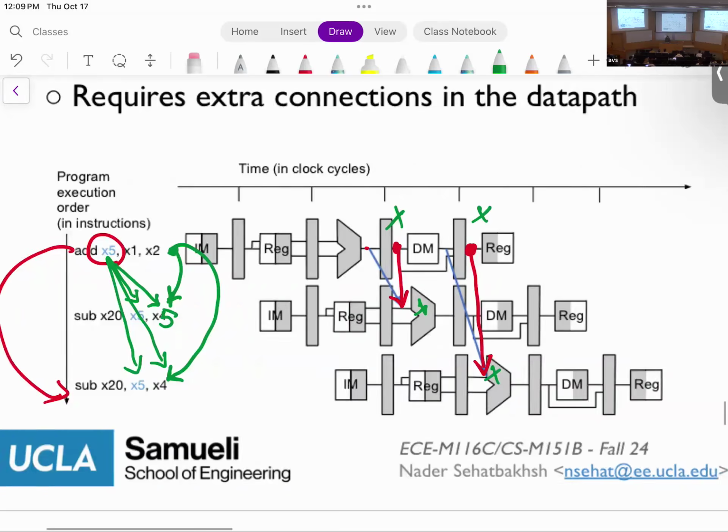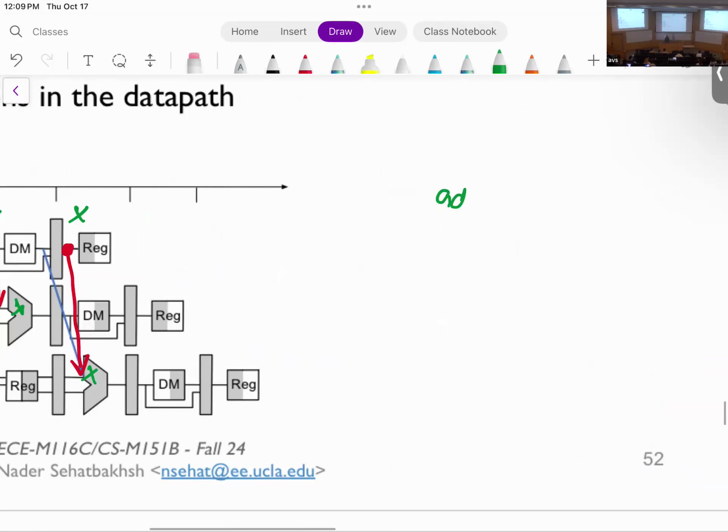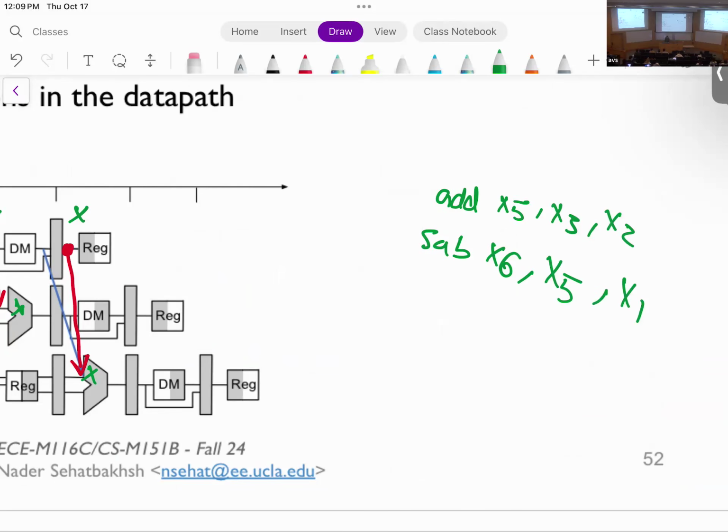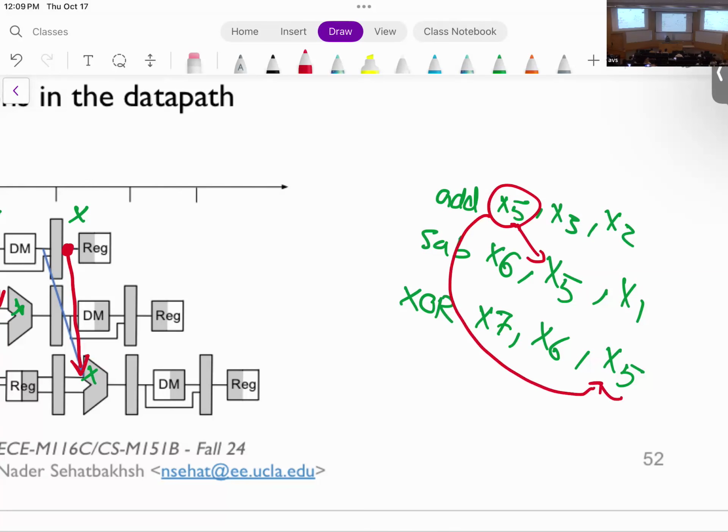For example, if I have add X5, X3, X2, and then a sub X6, X5, X1, and then another, let's say, XOR X7, X6, X5, then as you can see here, I need to do lots of forwarding. I need to forward from here to here, and I also need to forward from here to here.